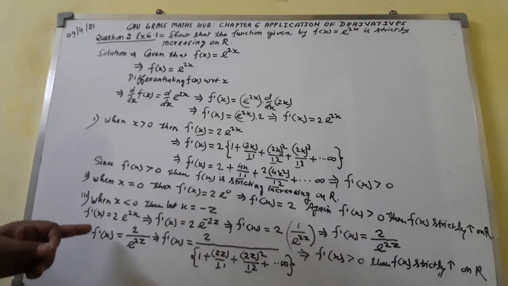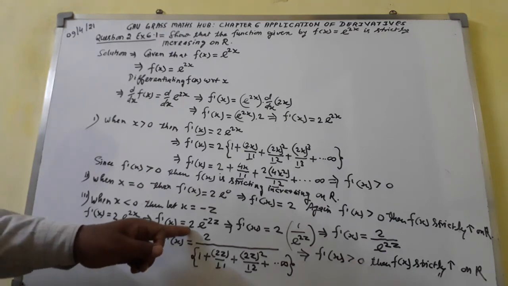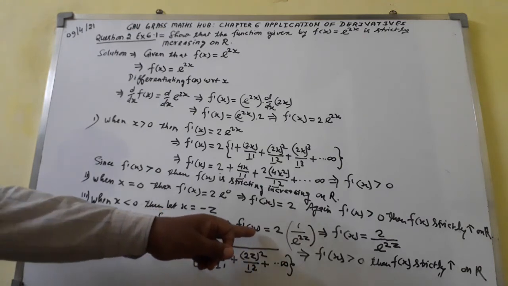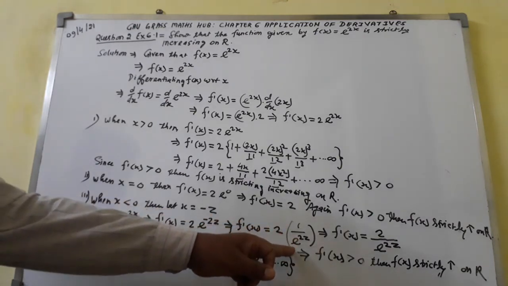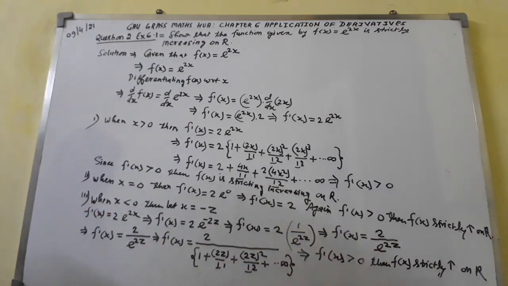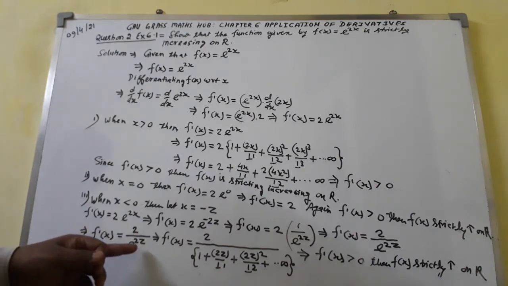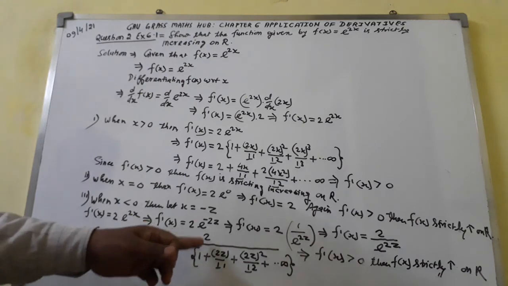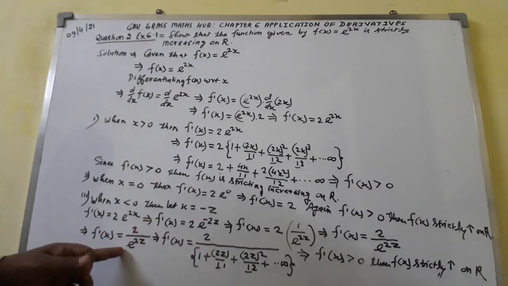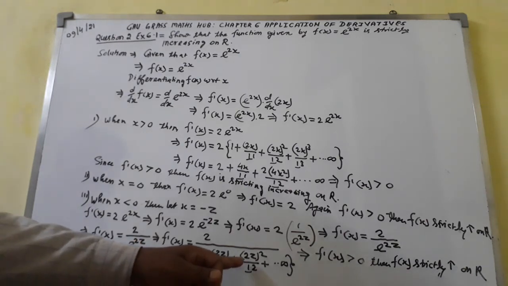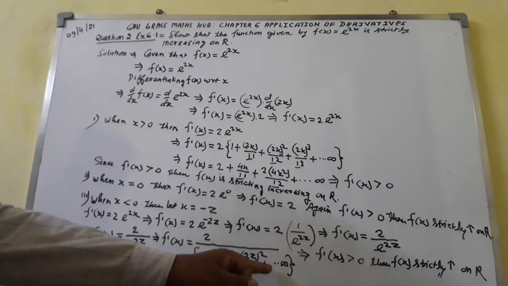So here I have put f dash of x equal to 2 dot e raised to the power minus 2z, implied that f dash of x equal to 2 over e raised to the power 2z, which is 2 over 1 plus 2z over factorial 1 plus (2z) whole square over factorial 2 plus dot dot infinite.